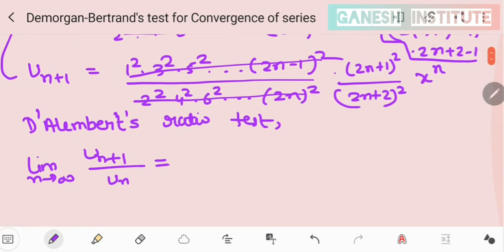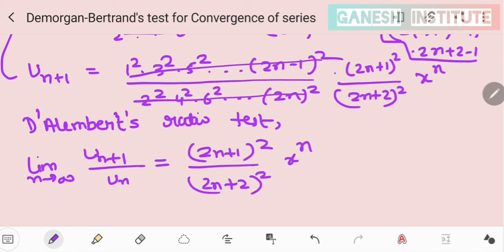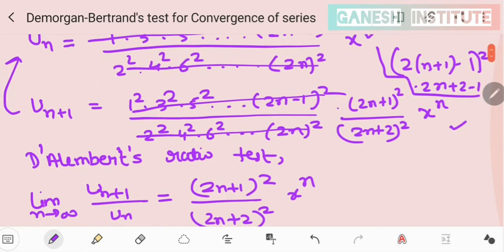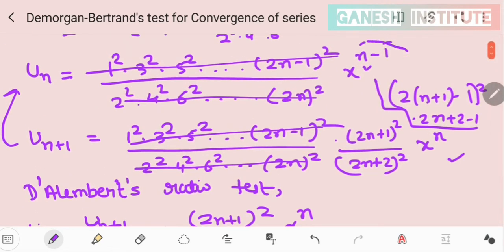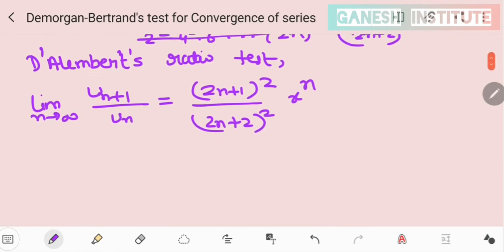What you are left with is 2n plus 1 whole square upon 2n plus 2 whole square, times x raised to power n in un plus 1, and in the denominator x raised to power n minus 1, right? And of course limit n tends to infinity.